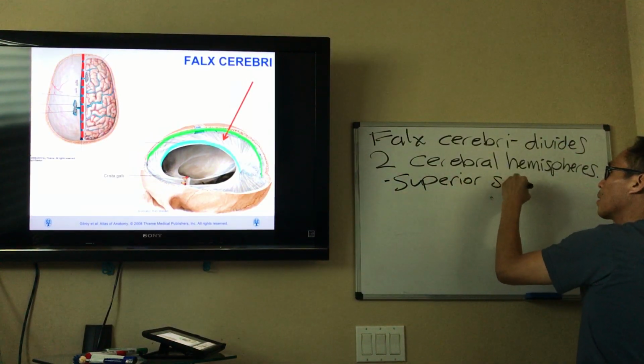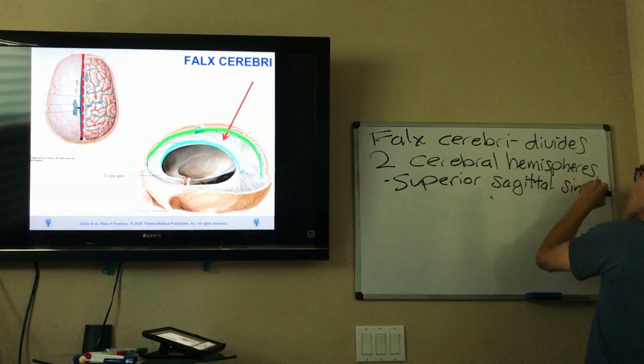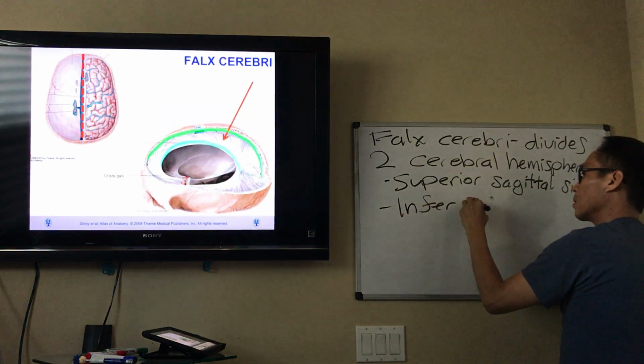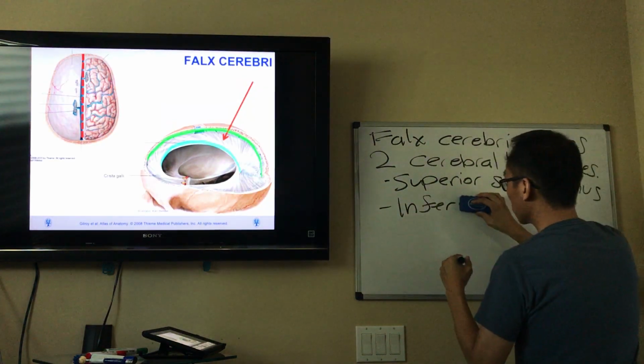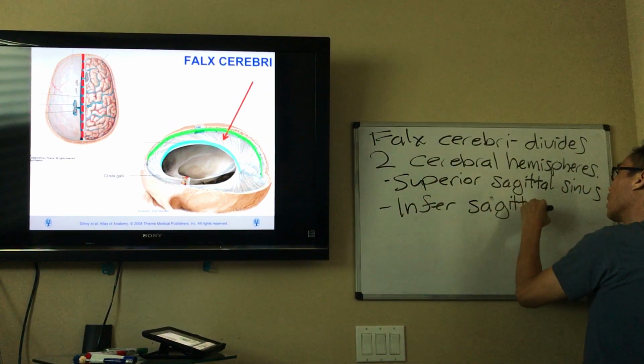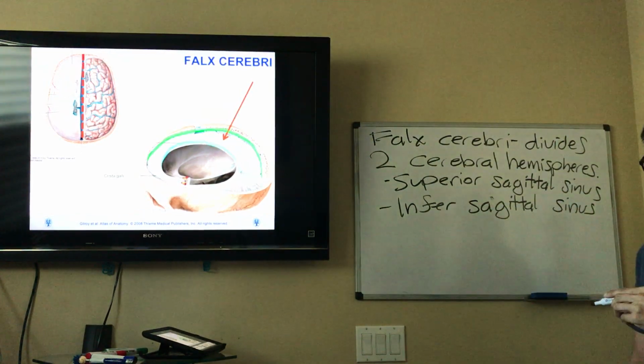Superior sagittal sinus, inferior sagittal sinus. Both are in the Falx. So let's move on.